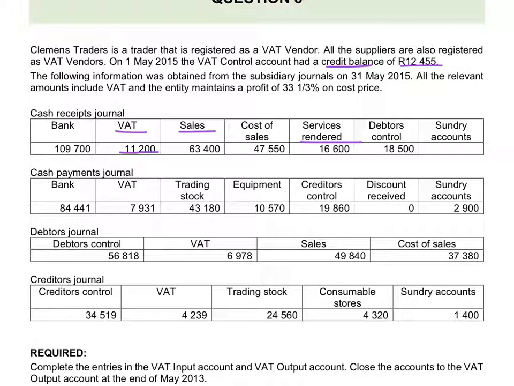In the cash payments journal, the VAT column indicates that VAT was paid on trading stock, on equipment, and on other sundry expenses that were paid. When you pay VAT, when goods are purchased coming into the business, this VAT input is an asset to the business because the money can be claimed back from SARS, and this money will come into the business in the future.